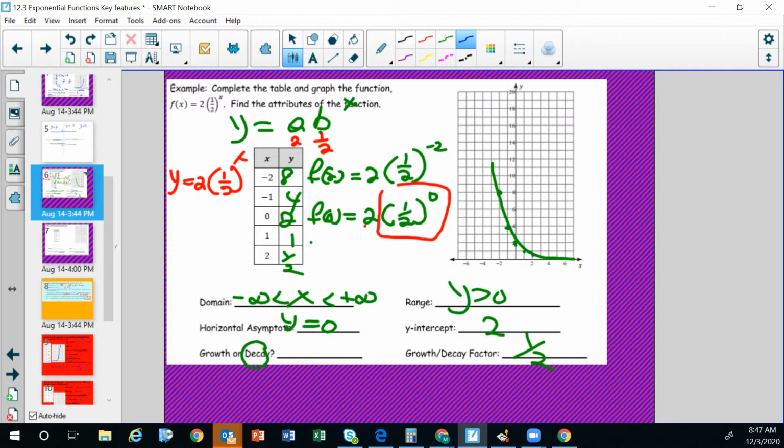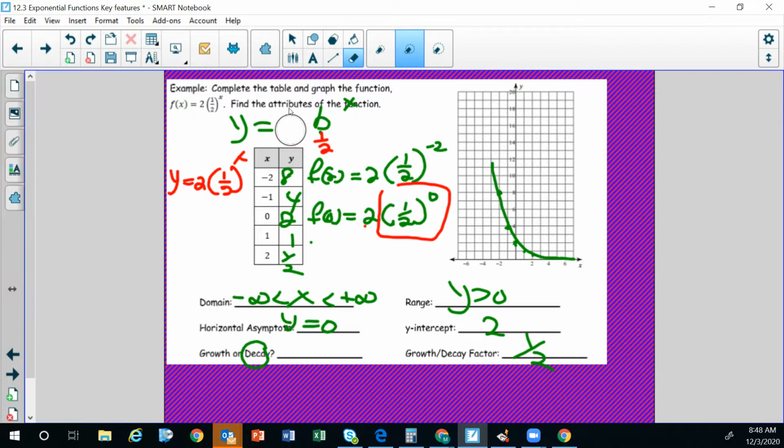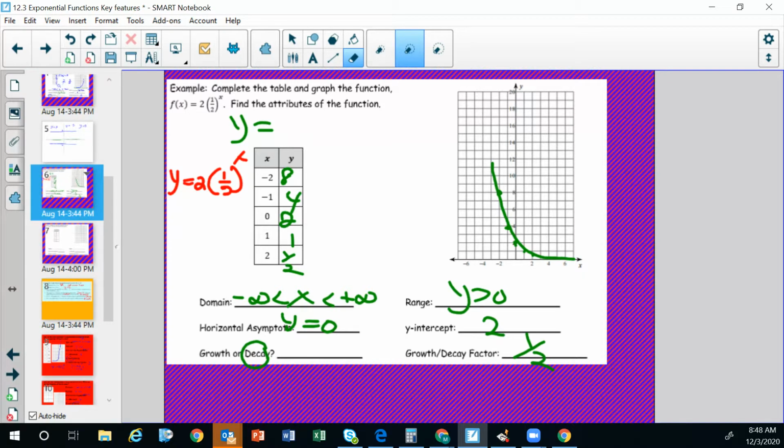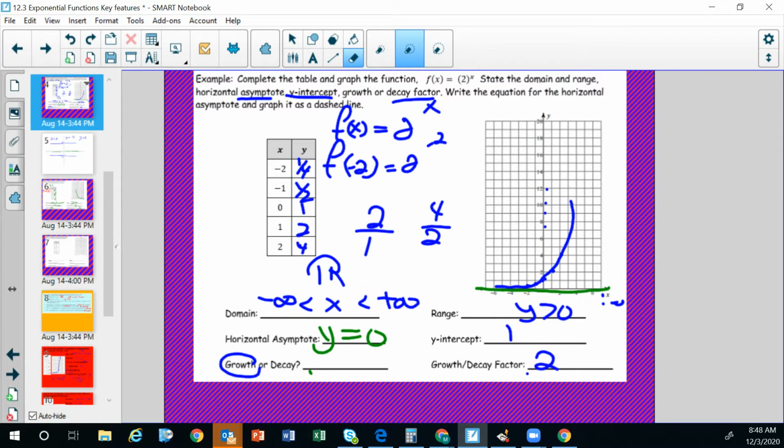I'm going to show Joel something real quick. I'm going to erase some of this stuff right here, Joel, to get some more space. That's not the one I want to work with. Let's go with this one first.